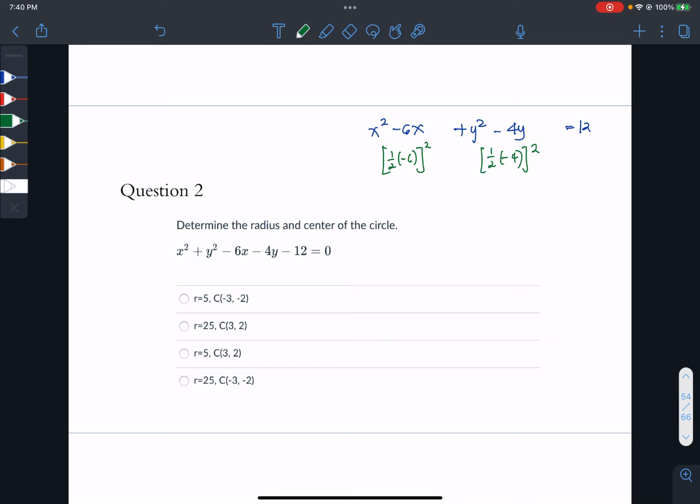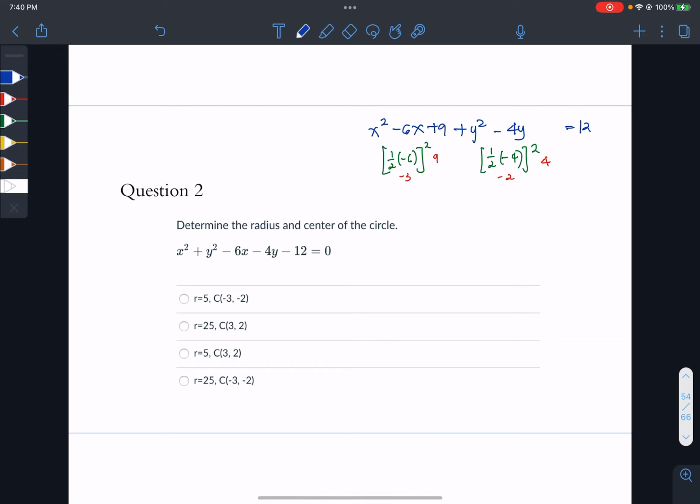So half of negative 6 is negative 3. Square it, that would be positive 9. Half of negative 4 is negative 2. Square it, that would be positive 4. So we add it here.